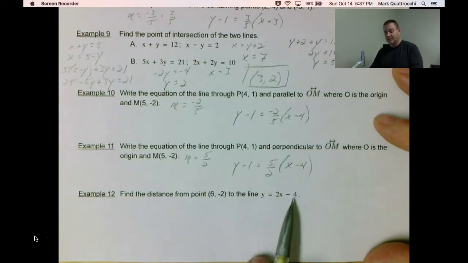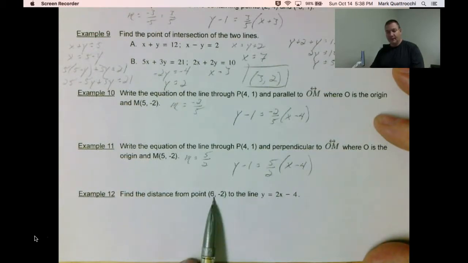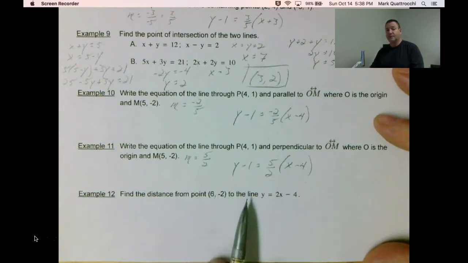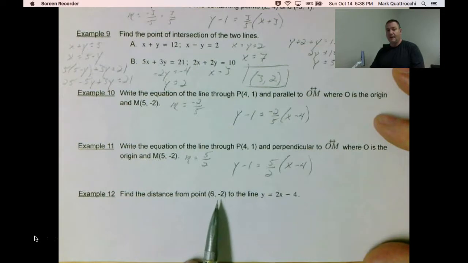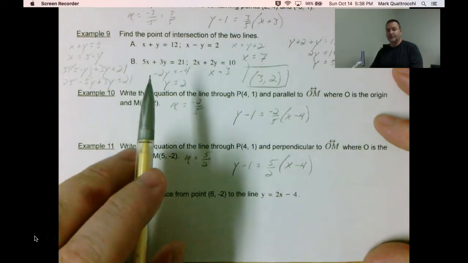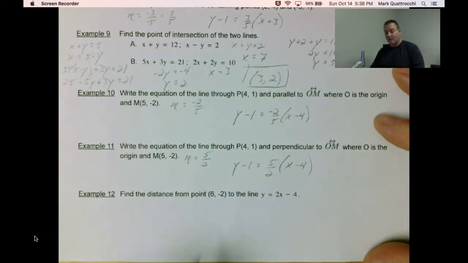So what does that mean? I have to find the slope that is perpendicular to this line, and then it goes through this point. Once I've done that, I've found the equation of the line that is perpendicular to this one and goes through this point, very similar to what we just did. Then we've got to find the intersection between that line and this line, what we did in example 9, and then we'll use the distance formula between that intersection point and this point. So it is a bunch of steps.